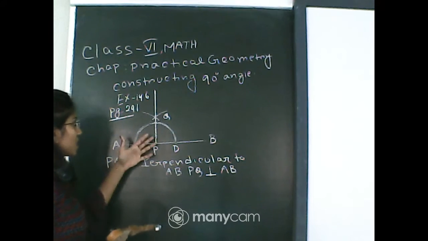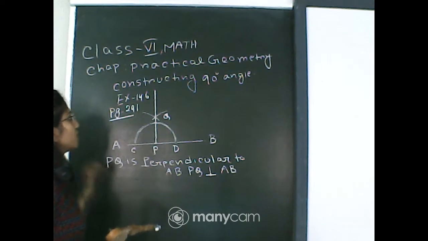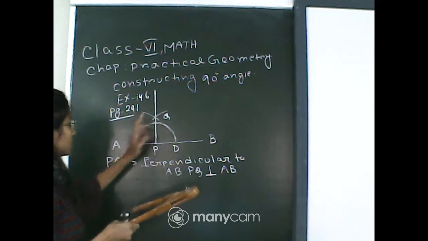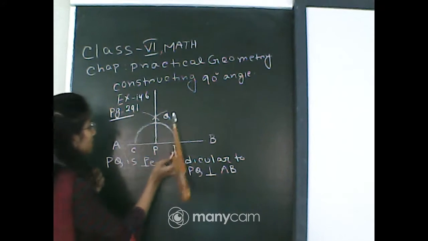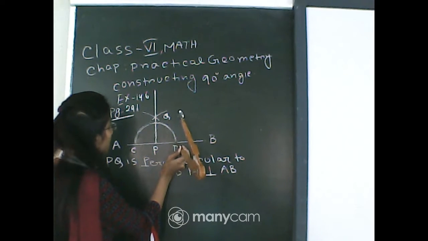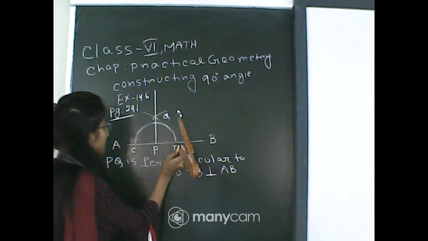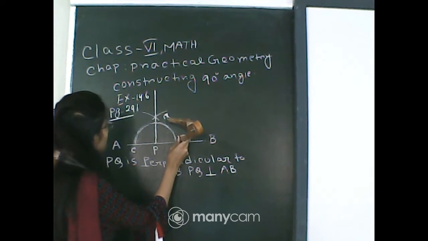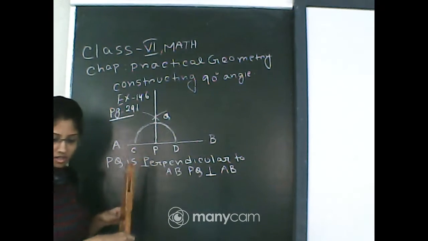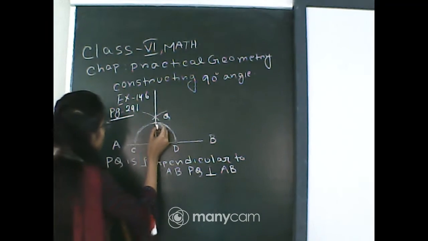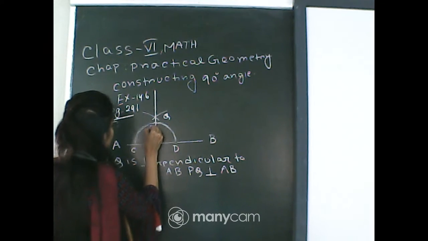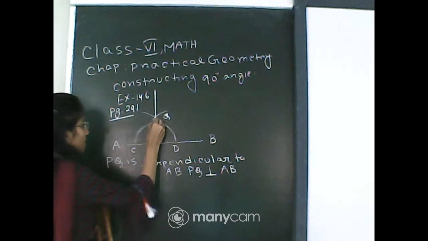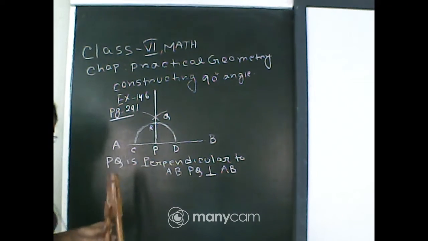To bisect this angle, we first place the pointer of compasses at D and take the radius more than half the length. Suppose this point is R.